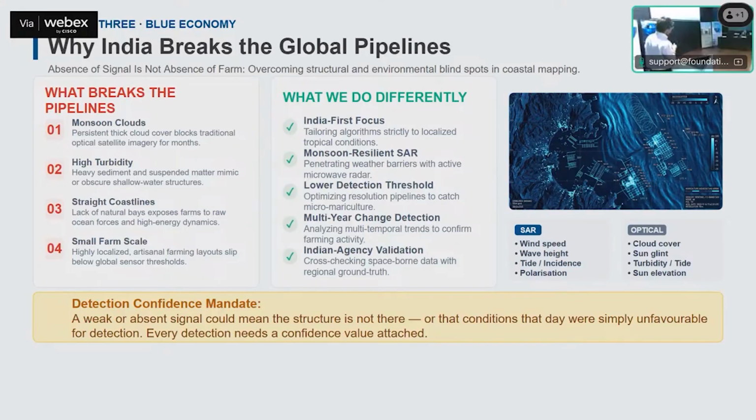SAR uses microwave readings, which are not affected by clouds, so it can measure even in monsoon times. And then we will also use optical imagery. By mixing both of these, we will get an overall image of how these seaweed farms look. SAR depends on wind speed, wave height, tide, and polarization, and these are one aspect of things, while optical is independent of these things.